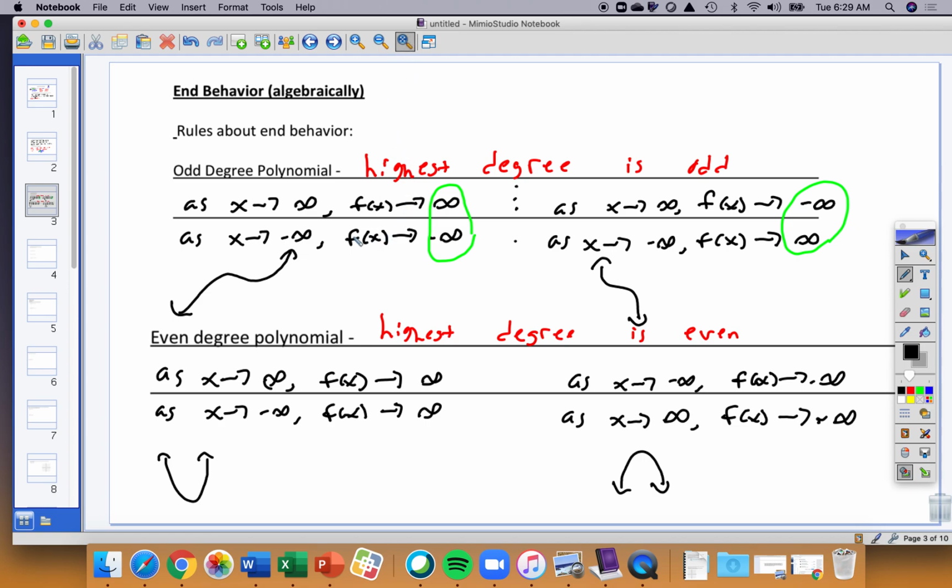If the leading coefficient is positive, you get this. If the leading coefficient is negative, you get this. If the leading coefficient of an even degree is positive, you get this. If the leading coefficient is negative, you get this.